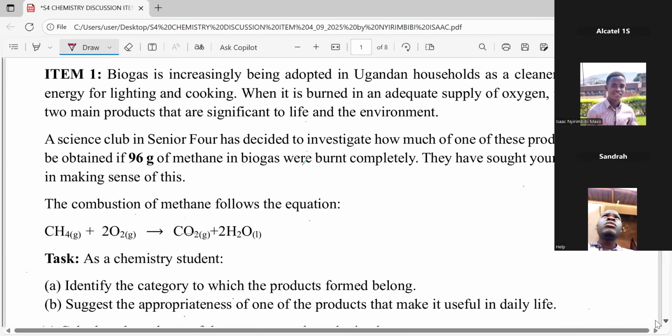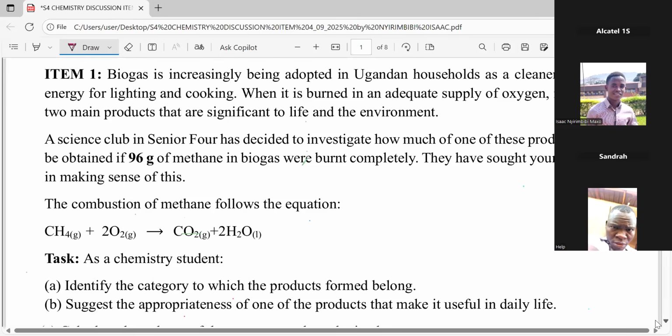So there's no problem. The reason I'm bringing it in this format is for us to also get used to it, because when they are setting items, they will not set only an item on the mole concept. They will integrate other topics which have a relationship to the mole concept, and they bring that item.